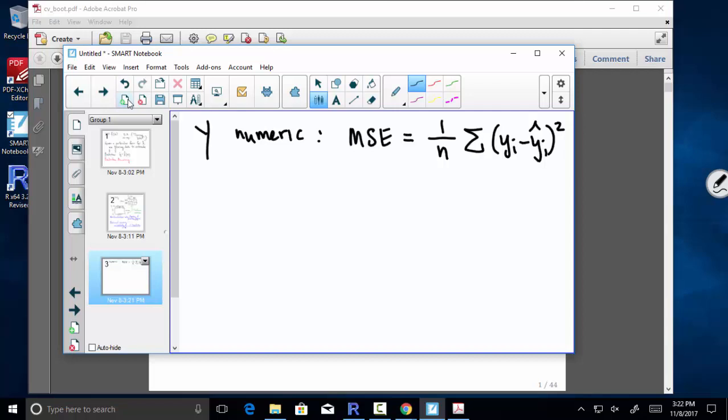I don't expect Y hat to equal Y generally, because Y is numeric, potentially continuous. So an alternative way to gauge how wrong we are is how far away do we tend to be from the truth? What's the average distance between our prediction and the truth? That's a mean squared error kind of quantity.